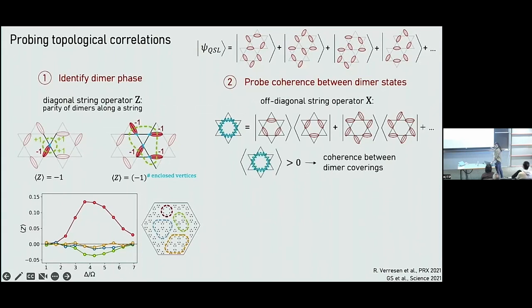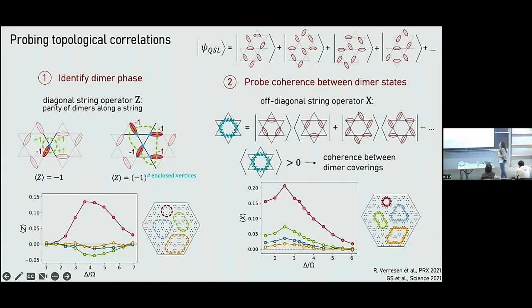So again, I'm not going to tell you how we do this, but we do measure these X operators, and again, we see that we have this range of parameters where these expectation values are also finite. Again, if you're interested afterwards, I can tell you a little bit more about this. So here, by measuring these two, we have access to this microscopic information that tells us that the state we're preparing is indeed compatible with a quantum spin liquid.